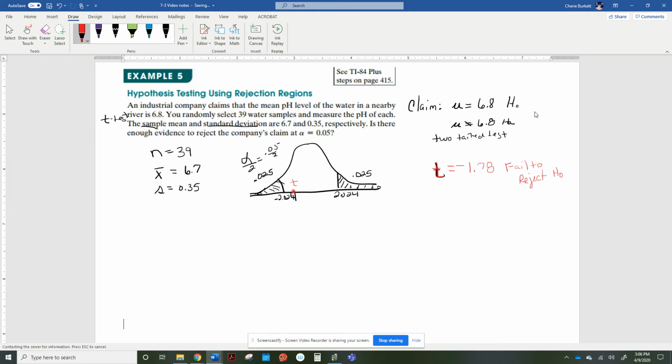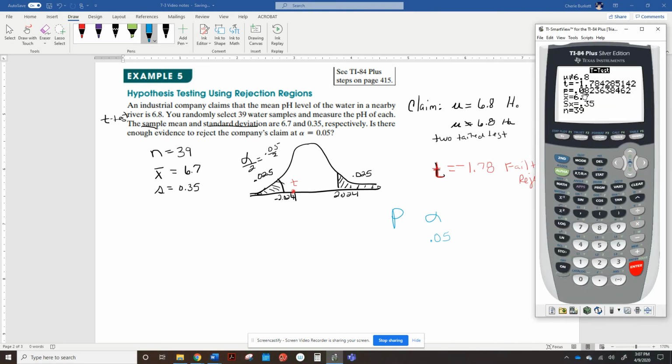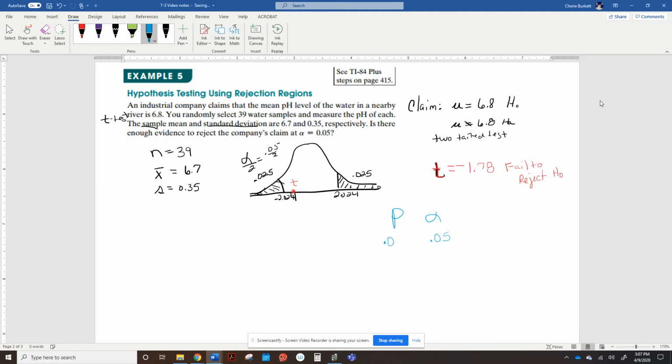But I also want to do the test where we compare P and alpha. When we compare P and alpha, alpha was 0.05, and our p-value is 0.08. 0.08 is bigger than 0.05.